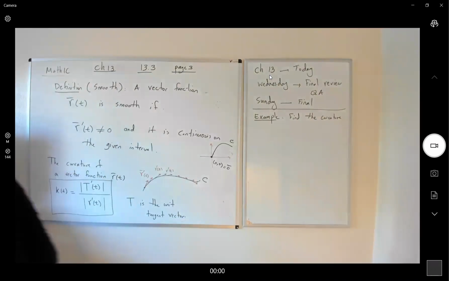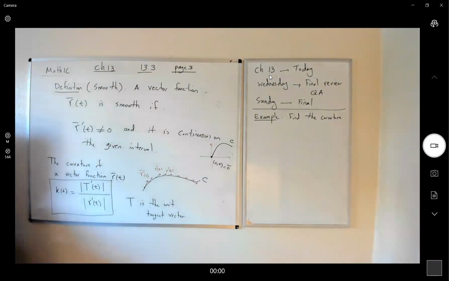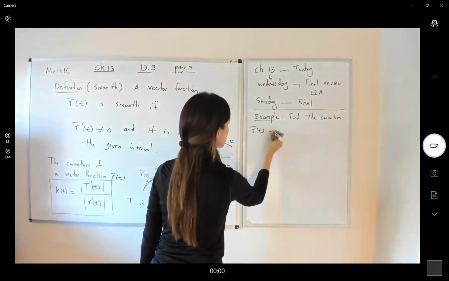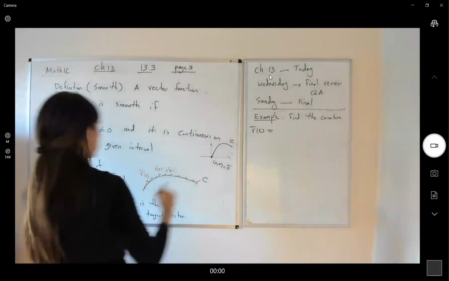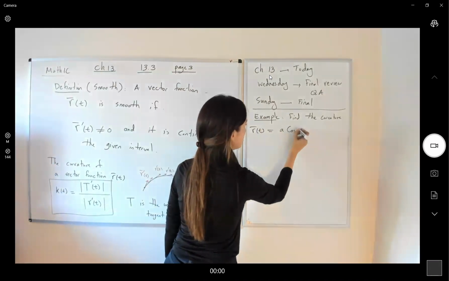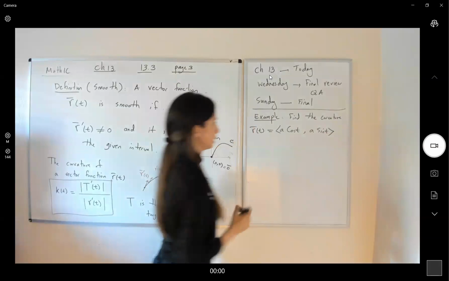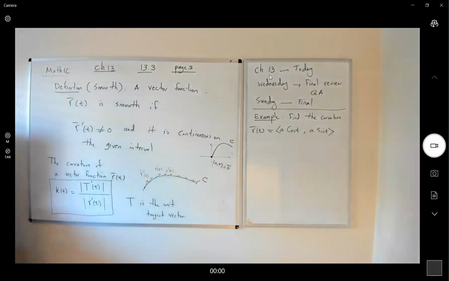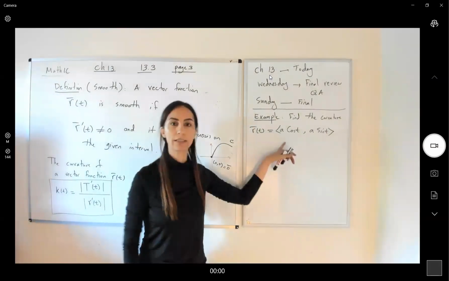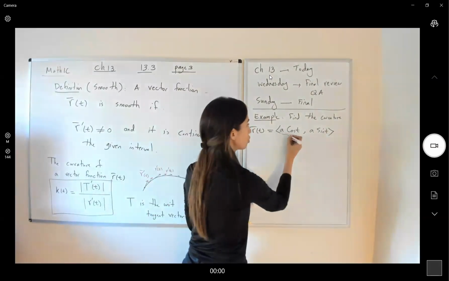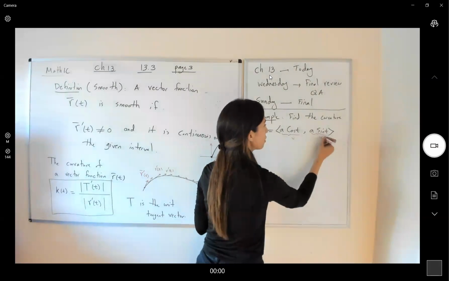Our function is r(t) equals a cosine t, a sine t. Take a look at this function. What does it represent? This is your x and this is your y.